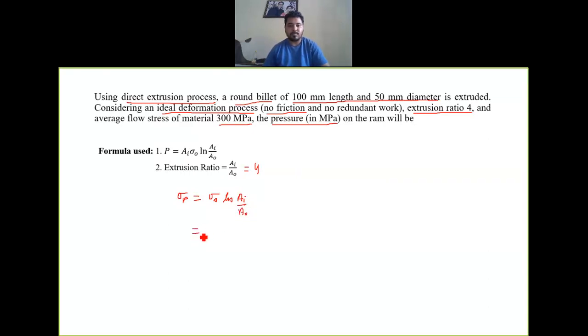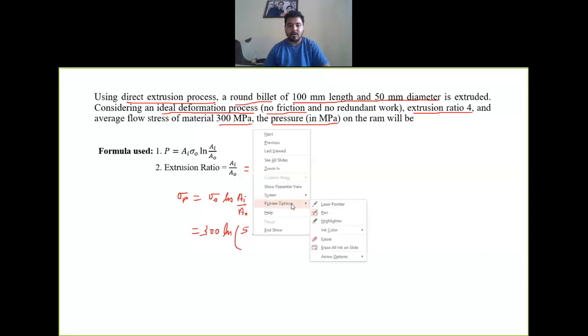So sigma naught is given as 300, ln. We change the diameter into area with the help of pi by 4 into d square. Sorry, here AI upon AO is given, so there is no need of changing any values.